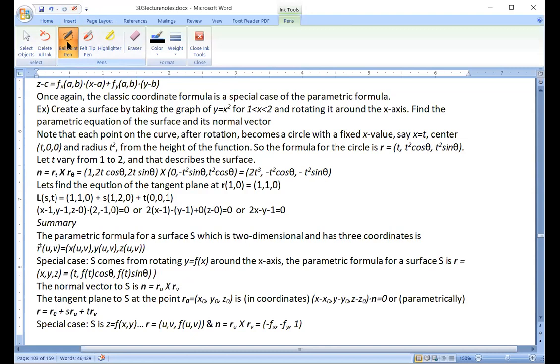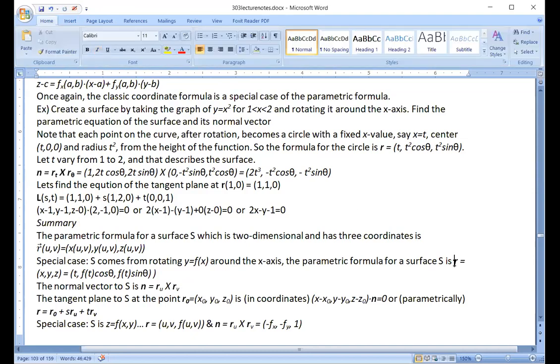In that case, we can write the parametric formula as r = (x, y, z) = (t, f(t) cos θ, f(t) sin θ). And in all cases, the normal vector to S is n, calculated by first getting the two tangent vectors dr/du and dr/dv, and then taking the cross product.